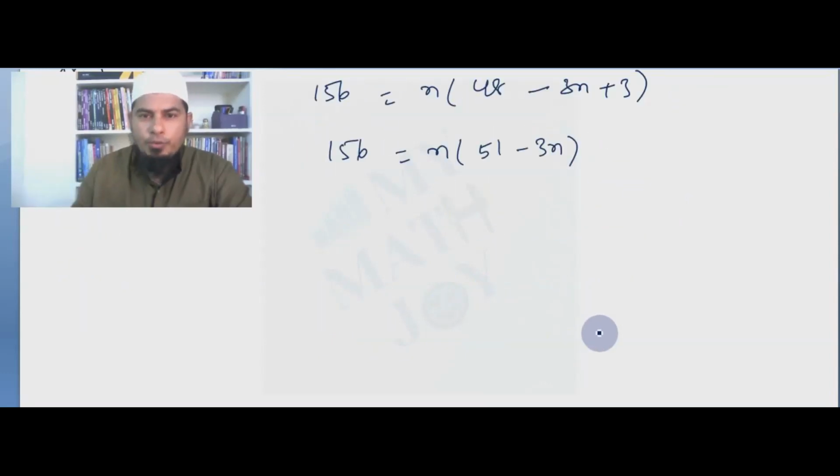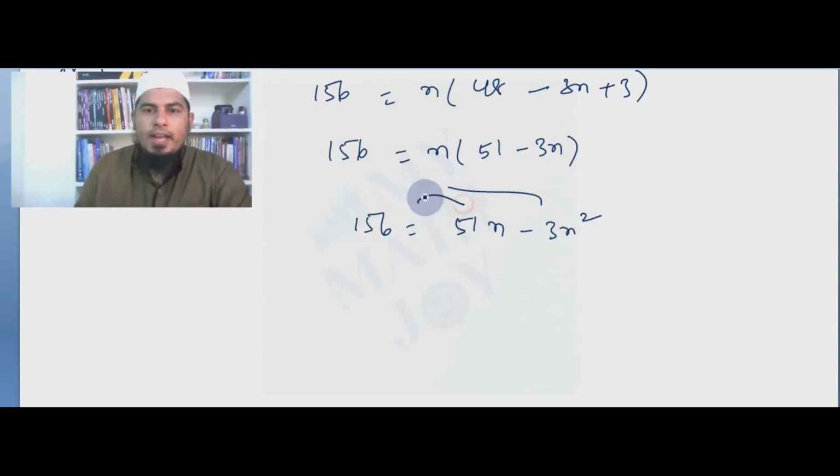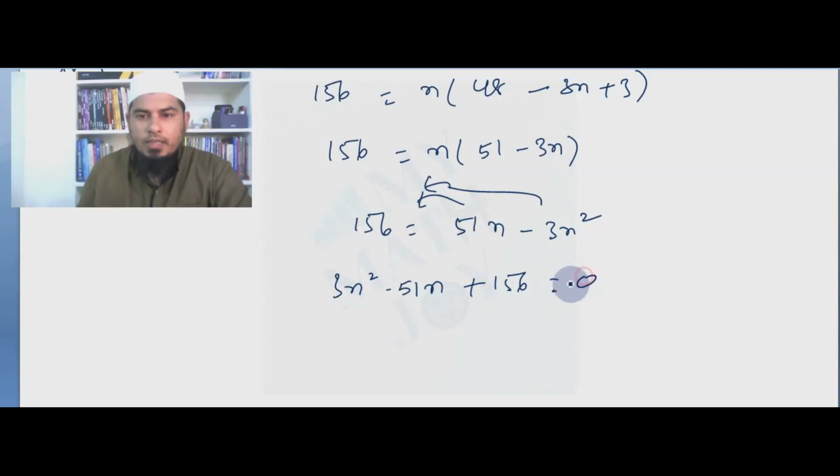Then you need to multiply n inside, you'll get 51n minus 3n square. Transpose these terms to the left side. What happens here? 3n square minus 51n plus 156 is equal to 0.